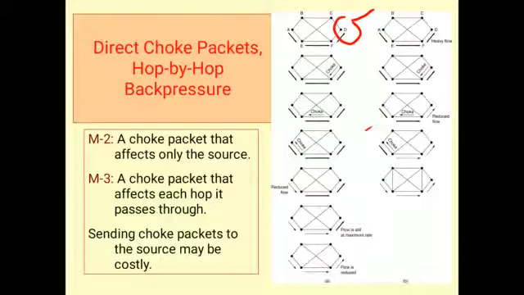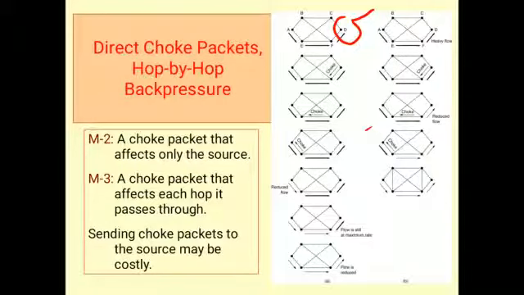So D is now called the congested node, and the choke packet is generated and transmitted to its previous neighboring node, F. So D transmits a choke packet to F, from F it passes to E, and from E it passes to A. The choke packet mentions the source address and the destination address.